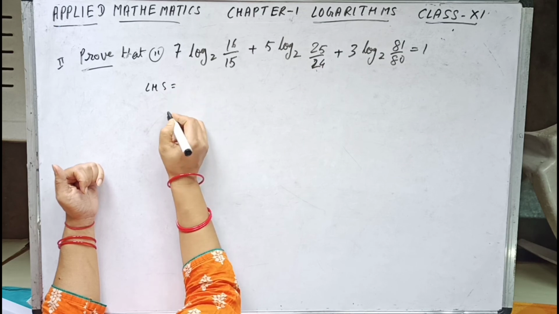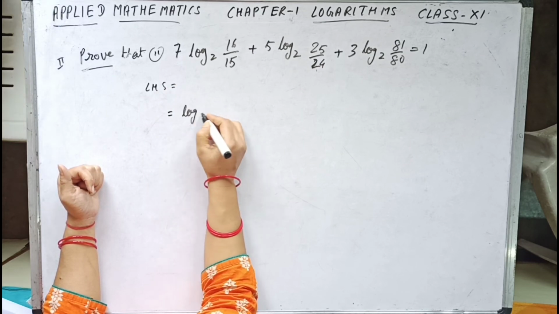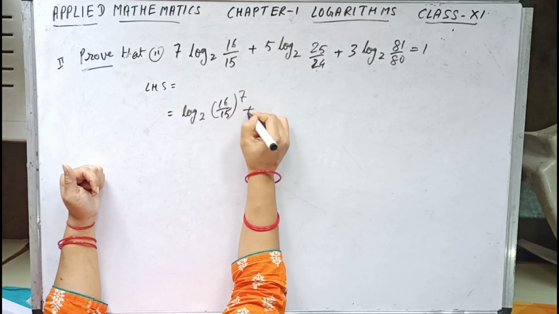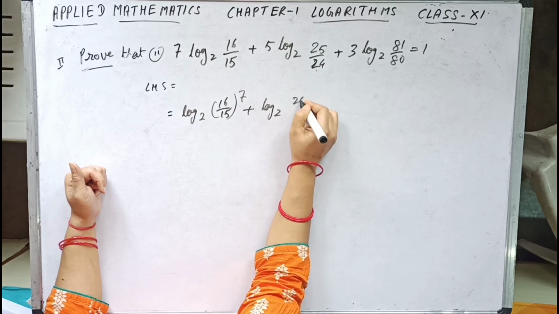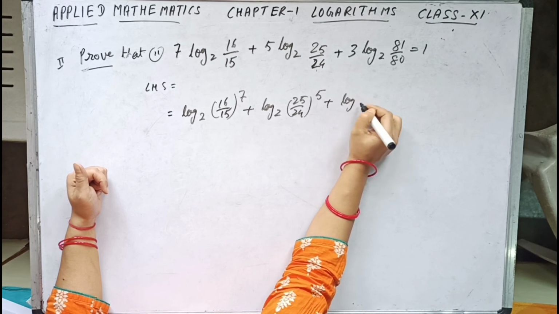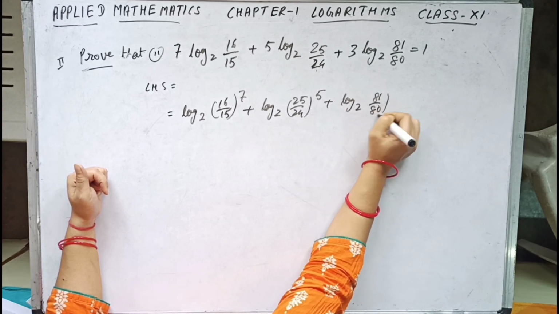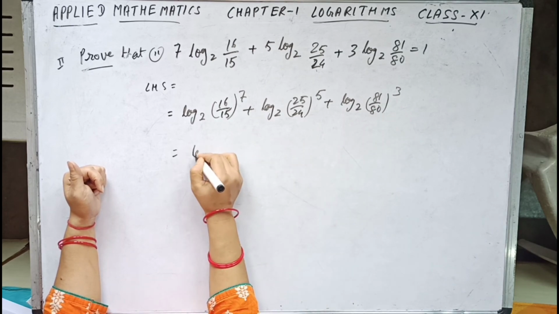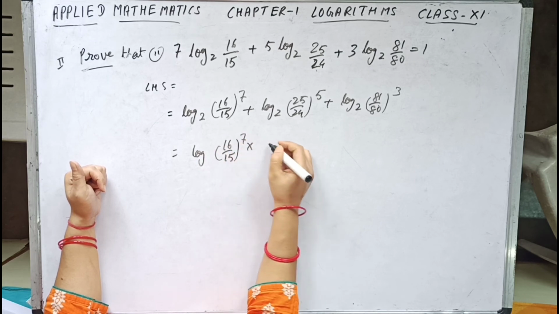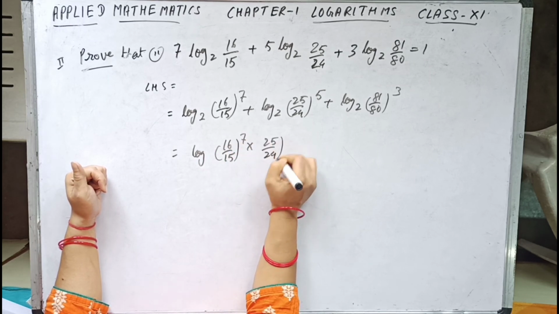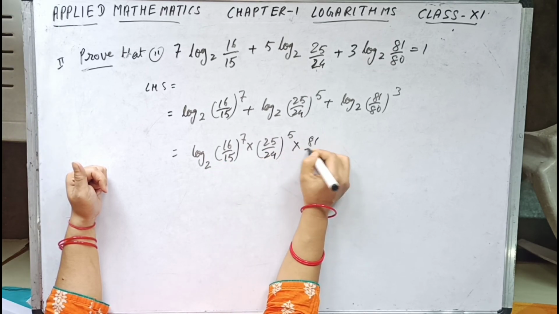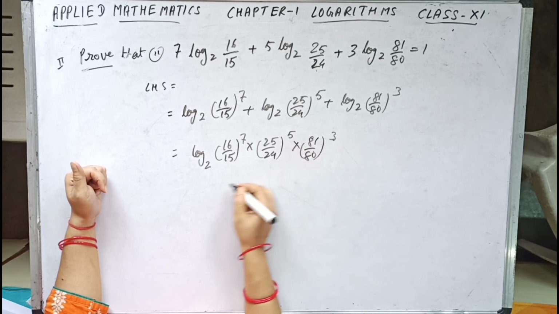LHS you will copy down as such. Now this will be equal to log base 2 of (16 by 15) power 7 plus log base 2 of (25 by 24) power 5 plus log base 2 of (81 by 80) power 3, equals log base 2 of (16 by 15) power 7 into (25 by 24) power 5 into (81 by 80) power 3.